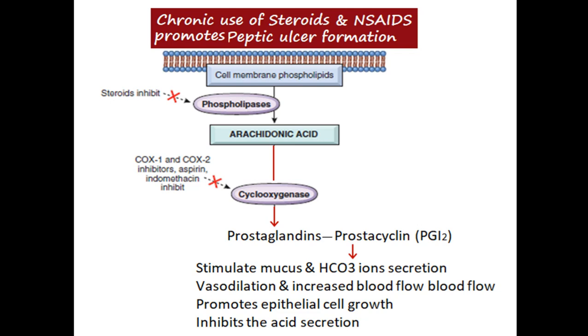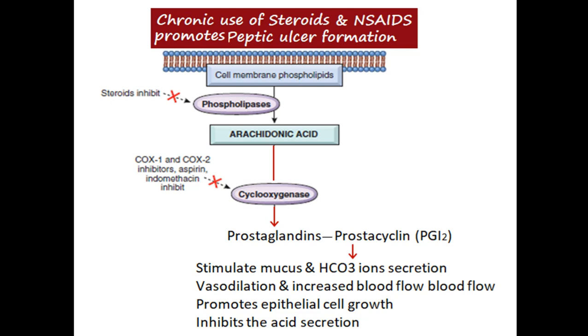We know, and we have studied this in detail when we were discussing inflammation, that arachidonic acid is derived from the cell membrane phospholipids by the action of the enzyme known as phospholipase, which is activated by the corticosteroids.